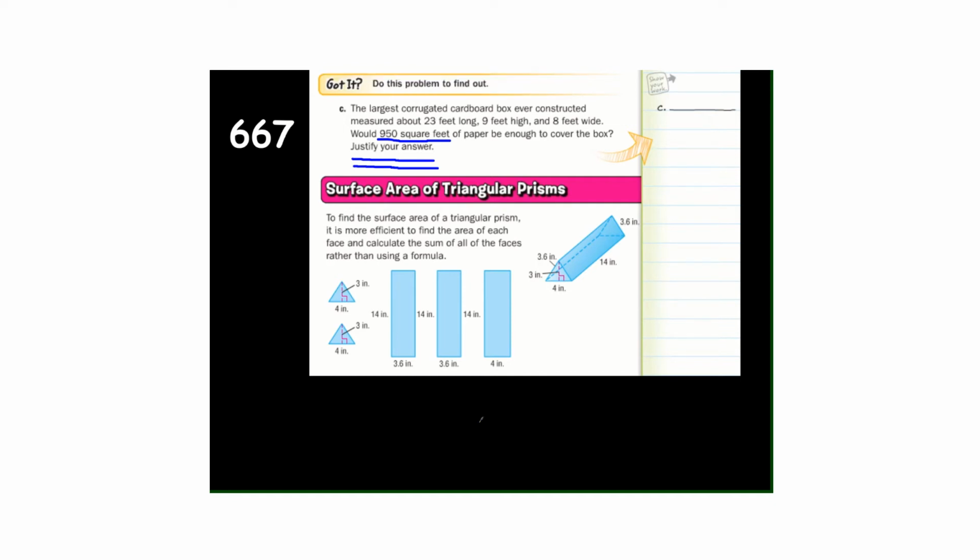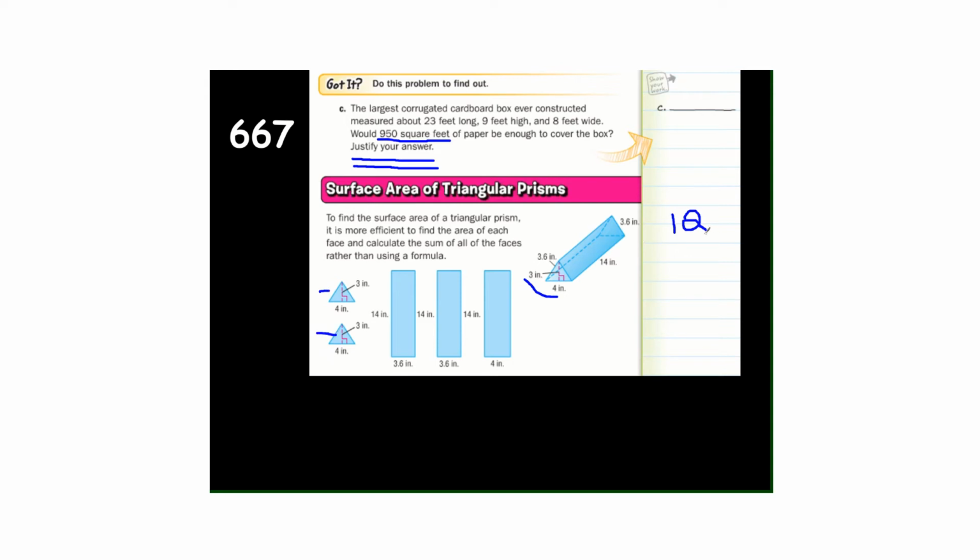Okay, surface area of triangular prisms. So you find the area of your triangles. You've got two triangles. So half of 3 times 4 is 6. So we have 6 on this end and 6 on this end. So we have 12. They drew it out here for you. What they did was they drew each piece. So this area 6, this area 6.